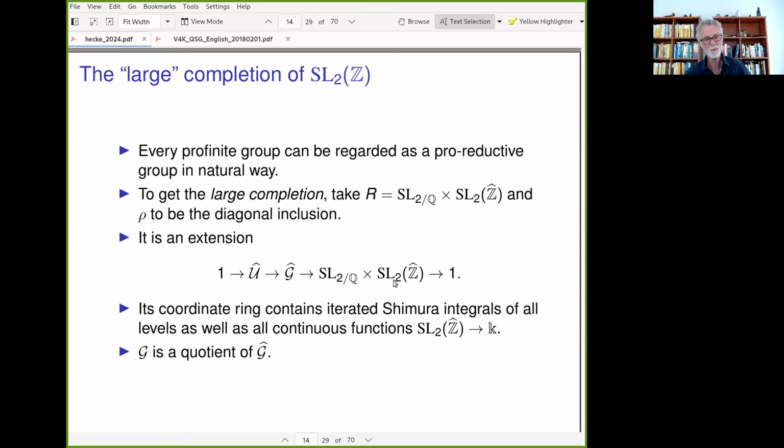So the large completion has lots of nice properties. It's annoying that it's so large, but it's also good because it involves modular forms of all levels, whereas the small one involves only modular forms of level 1.